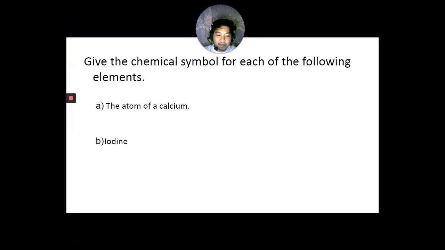So, to summarize, kasi medyo mahaba na, if I ask you to give the chemical symbol of the following elements, pause the video. Can you answer this one? Very easy. Hopefully you've paused it.